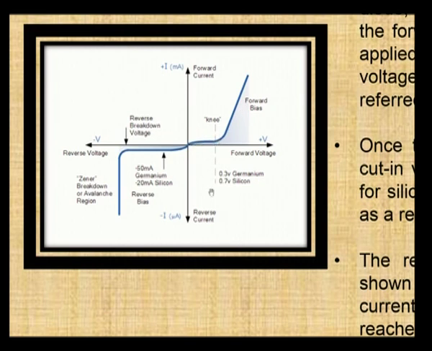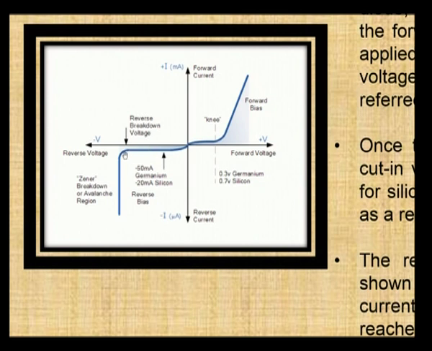This is the knee point, 0.7 volt for silicon, 0.3 volts for germanium. After this voltage only the electrons will conduct, we can expect the current flow, and this condition is called the forward bias condition, and this region is called the forward bias region. And in this condition there will be high current flow and the diode is in forward condition and also it is shorted.